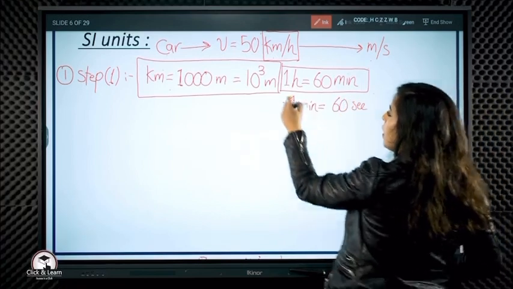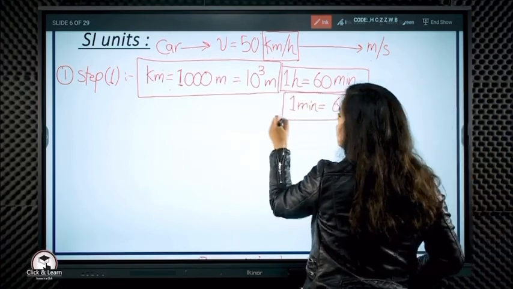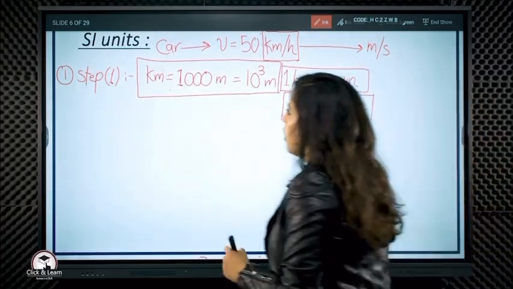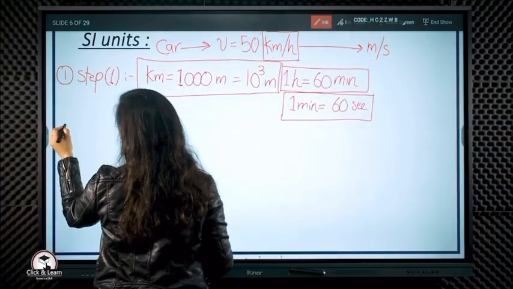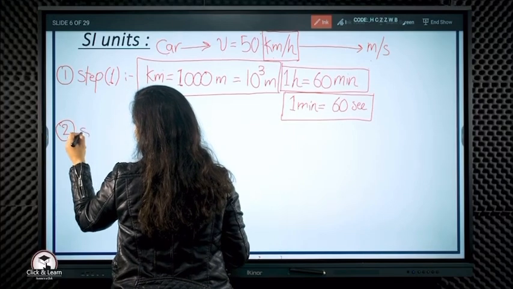So how can I manipulate these things to convert kilometers per hour to meters per second? So first step, I have those facts. The second step, I have to do the following.